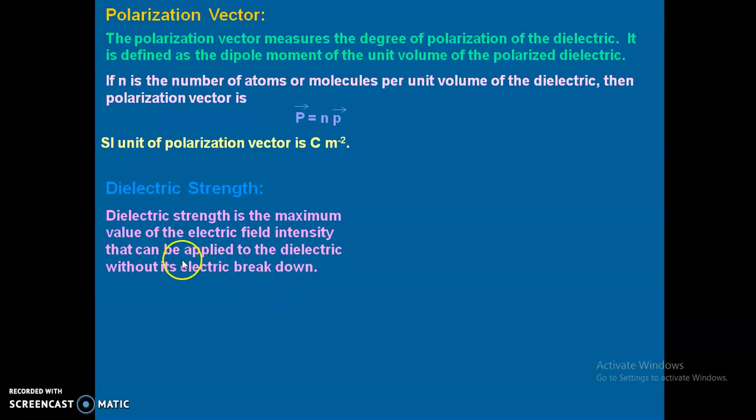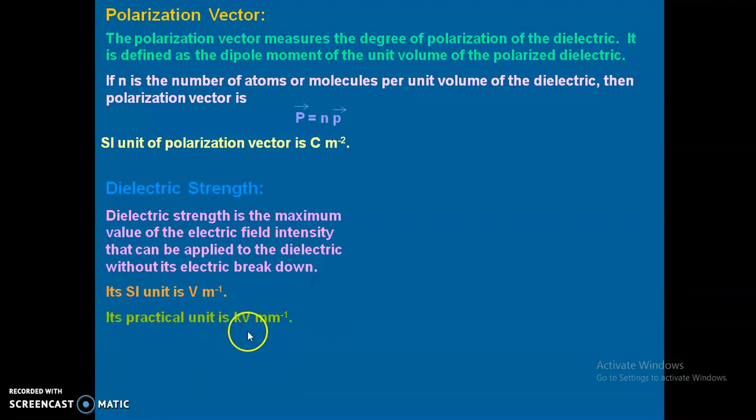So whatever maximum electric field is applied to a dielectric, within which the dielectric retains its property and does not break down, that particular maximum electric field is called the dielectric strength, right? And its unit is volt per meter because it's a value of electric field only, so that's why the unit of dielectric strength is volt per meter, right?